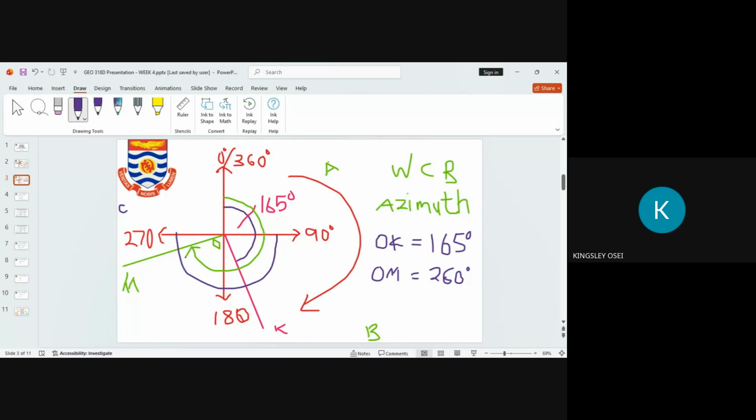And that will be given as 260 minus 90. That is 170. So from the 0 part of your protractor, you will read 0, 10, 20, all the way until you get to the mark. Then you make a mark with a pencil. Then you use a pencil and the ruler to draw from the 0 to the mark.